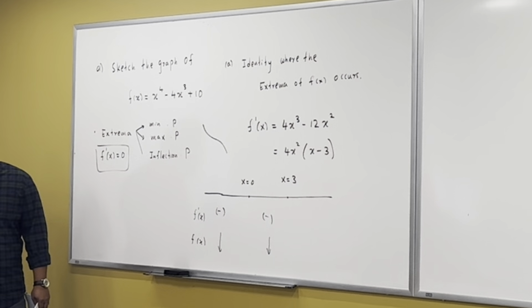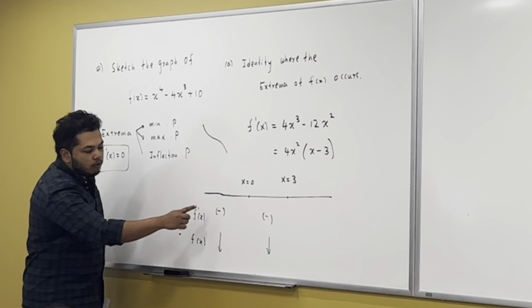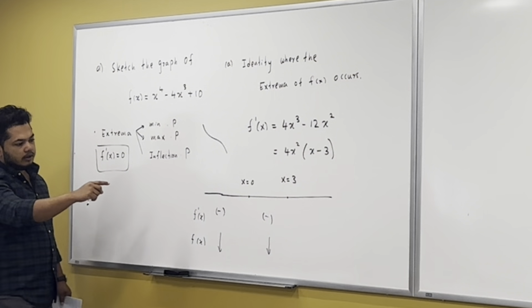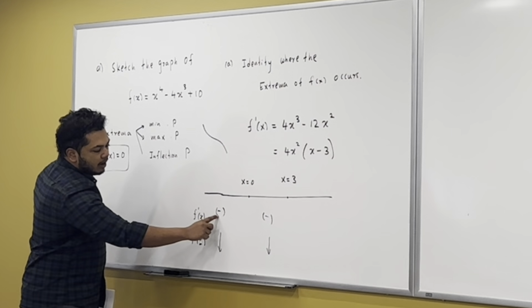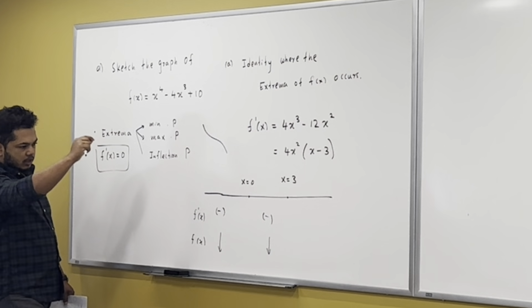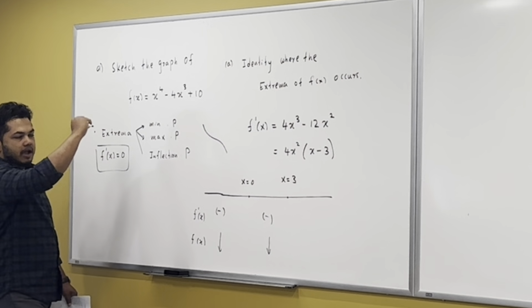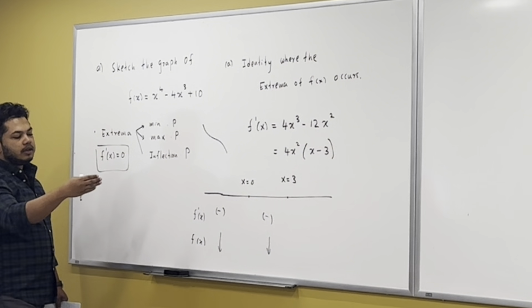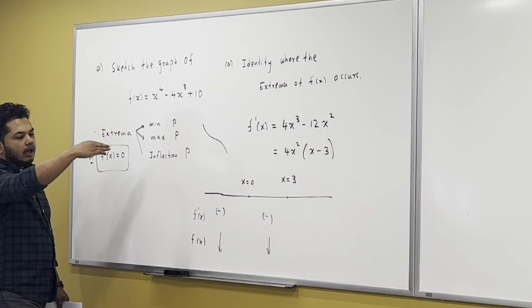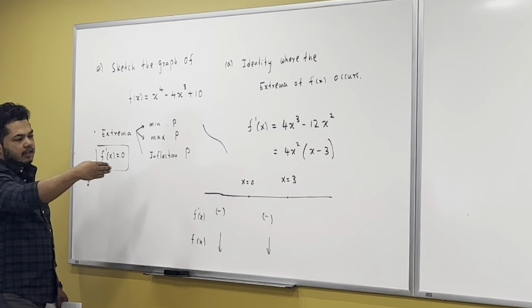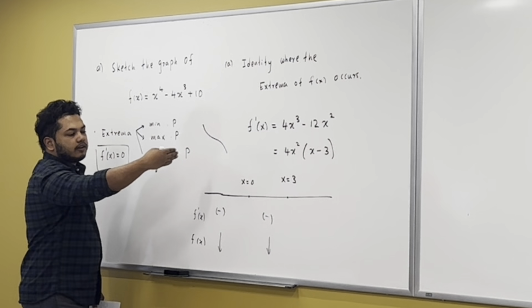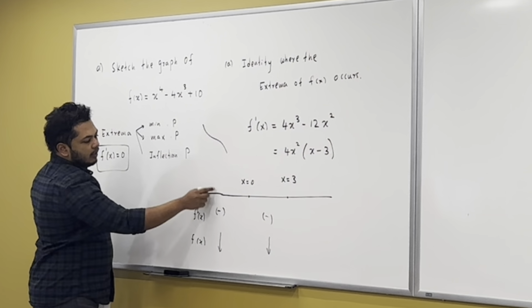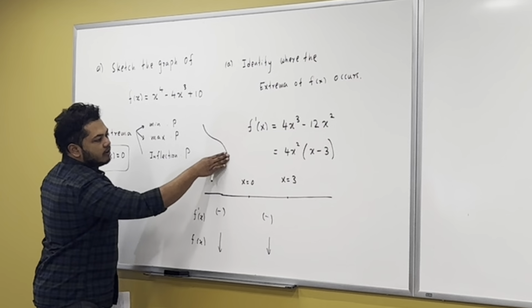Is that clear? If you have minus plus, it's a minimum. If you have plus minus, it's a maximum. This is the same sign. Same sign means it's decreasing for x less than 0 and also for x greater than 0. So it's decreasing all the way. This is really a concavity change. We will see that later.